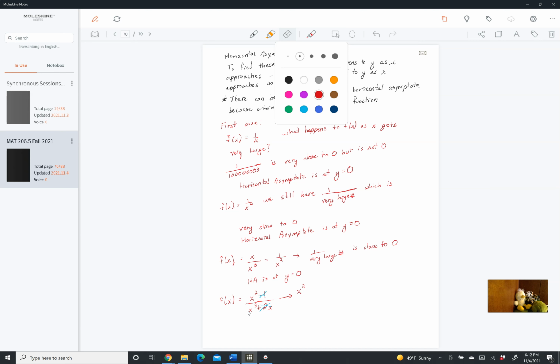Notice I did not put an equal sign here. It's essentially the same as x squared over x cubed, which we already know is 1 over x. 1 over a very large number is a horizontal asymptote at y equals 0.